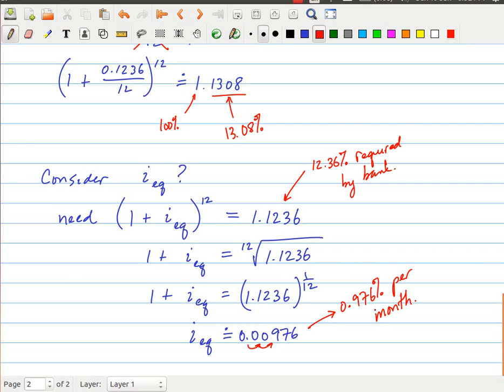So the equivalent interest to get me to the exact same result of 12.36% over the course of the year is 0.976% per month. Now the way I did this, I did some intermediate calculations, and so I actually used this value 1.1236, which we had calculated before. Is there a more elegant way to do this? There is.